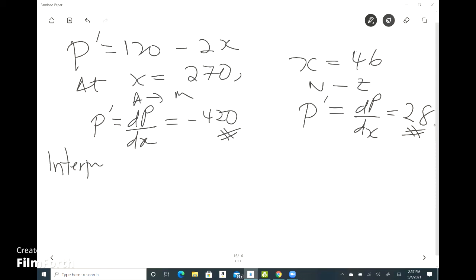Okay, interpret now. I give you 2 minutes to interpret. Now here, if you do the 270, make sure there is a negative sign here, a -420. So be careful with that.